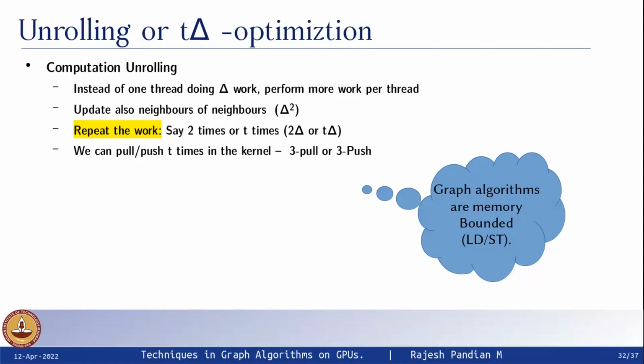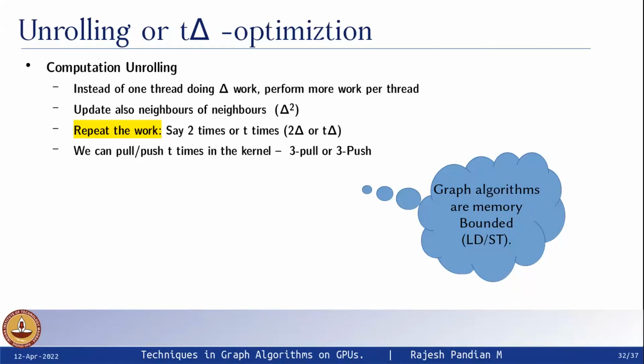From our experiment on large test cases, we found that a value of 3 pulls or 3 pushes to be an optimum value, which works well on most of the graphs.